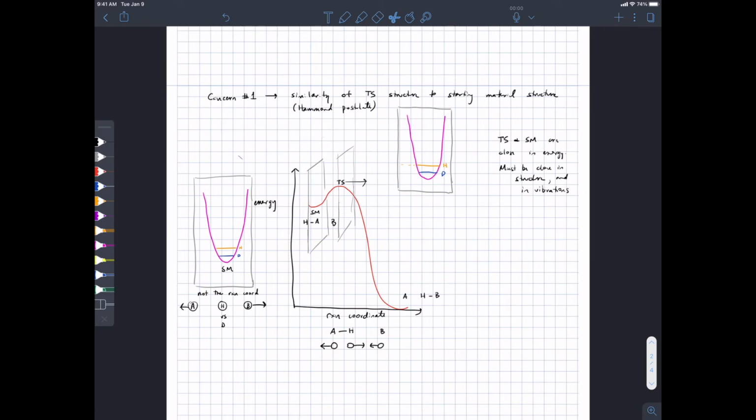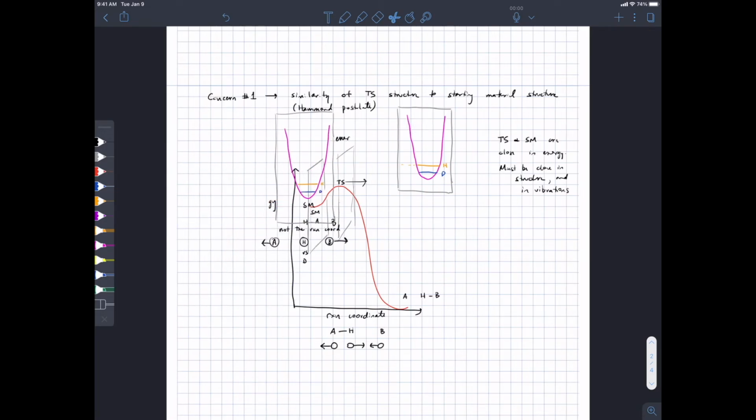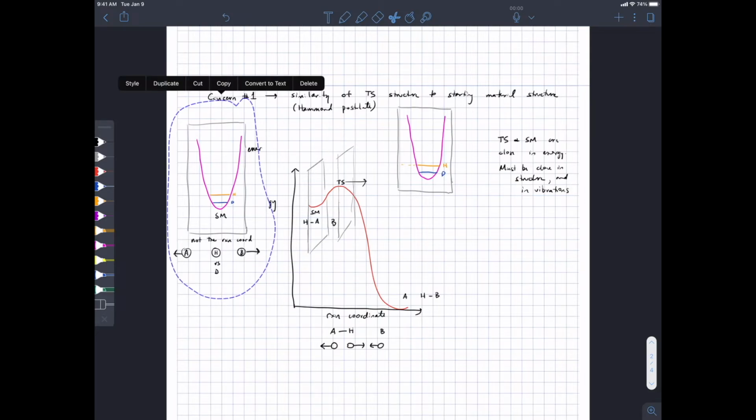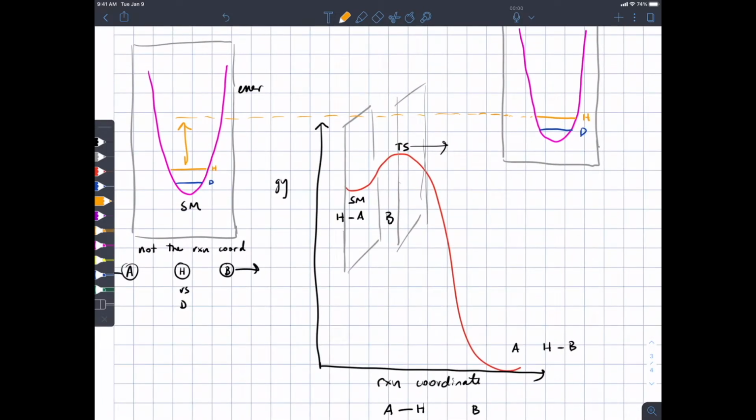And then I need to do the same thing here where I put this energy well is at where the starting material is. Okay? So the activation energy for hydrogen is right here. It's the energy difference between the 0-point energy for hydrogen in the starting material and the 0-point energy for hydrogen in the transition state.